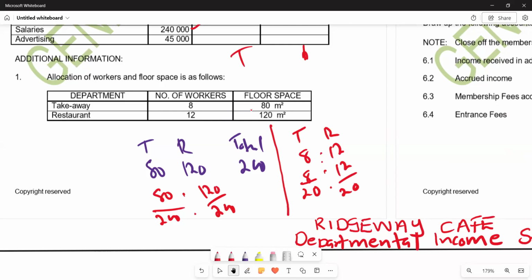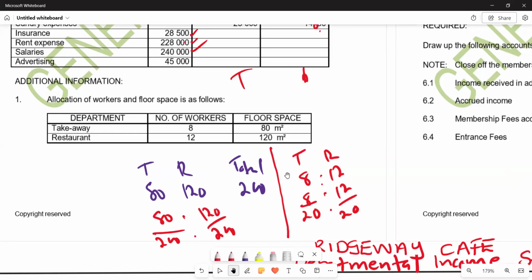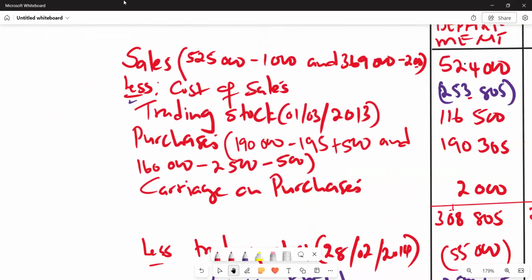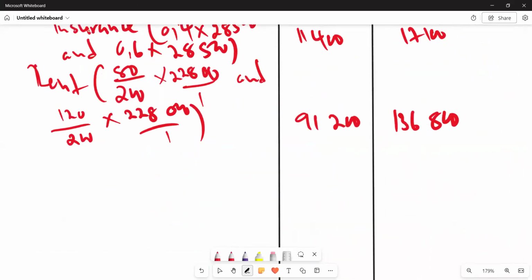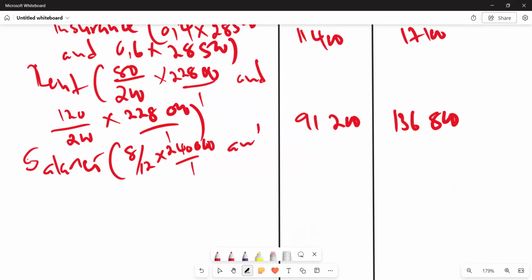And then the total amount for salaries is 240,000. So we go there and say salaries. And then we say the first one, 8 over 20 times 240,000 over 1. And the second one is going to be 12 over 20, and then you multiply by 240,000.